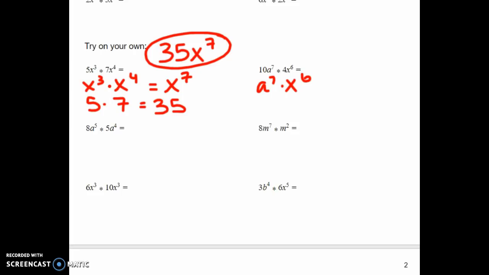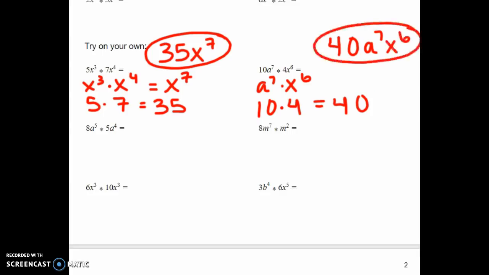I can't do any combining of the variables, but I can combine my 10 and my 4 that were out in front to 40. So my final answer here, I just leave the 40 and then leave this a to the 7th and x to the 6th power because I can't combine those because they don't have the same base. One's an a and one's an x.